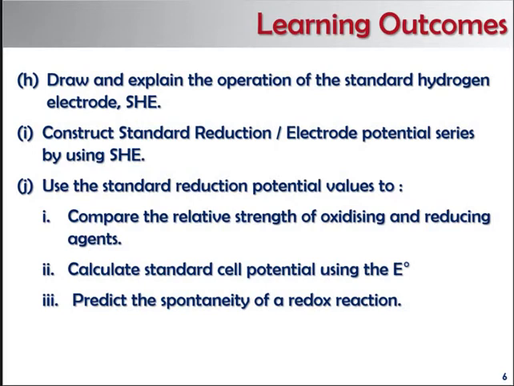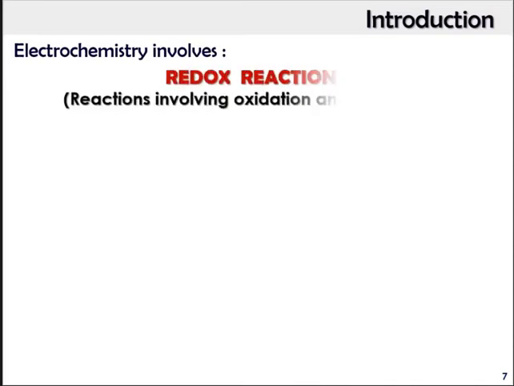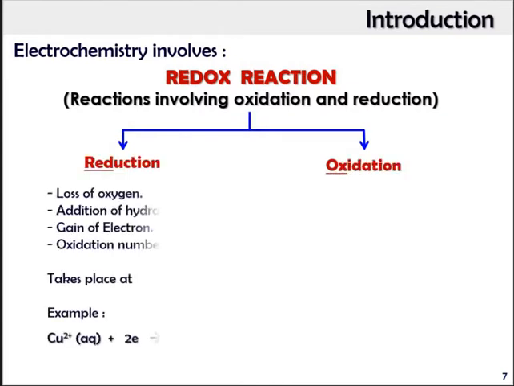So, let us start. So, electrochemistry involves redox reaction. What is redox reactions? Redox reaction is the reactions involving oxidation and reduction. So, we look first reduction process.